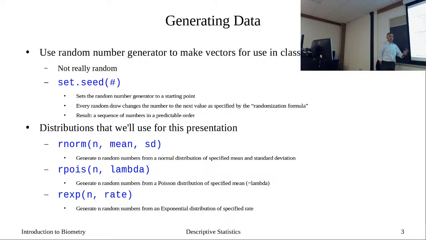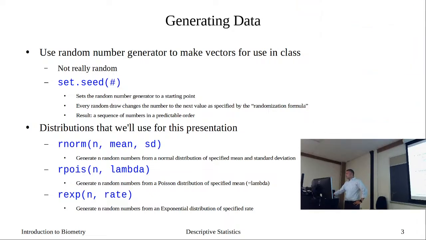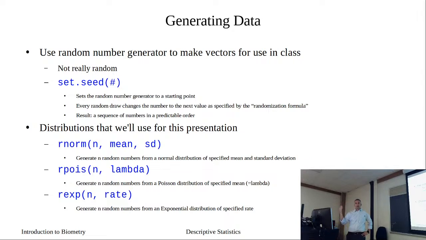These random number generators aren't truly random. They are computer generated, so the computer is going to use some sort of formula to generate each item in our list. That can be useful because we can set a starting point for the random number generator, and that ensures that every time we run it, we get a repeatable pattern.